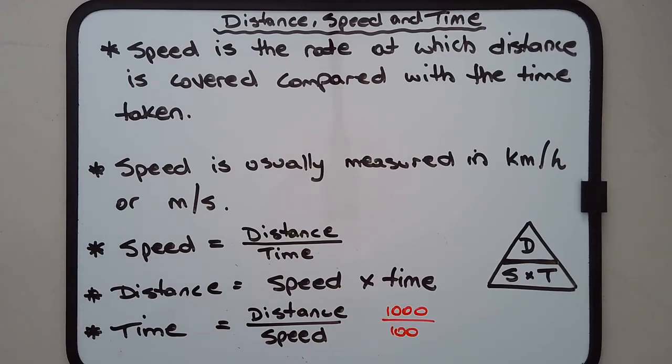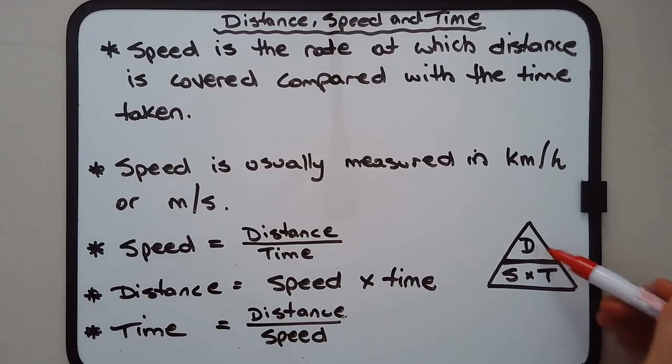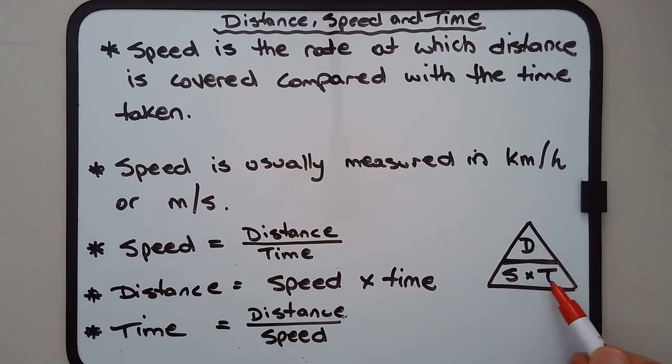Now, one other thing I'd like to mention is this triangle. People call it all different things. It could be called a speed, distance, time triangle, or a DST triangle. This helps you to remember these formulas. So if you want to find the distance, distance is equal to speed times time.